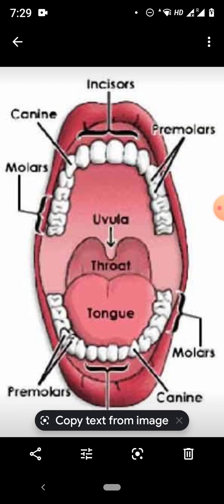The first set of teeth are called milk teeth, which appear after the age of 6 months, and after the age of 6 years the milk teeth are gradually replaced by the second set of teeth that are called permanent teeth. These permanent teeth remain throughout life, and if broken they are not replaced by new teeth. So there are 4 types of teeth: incisor, canine, premolar and molar.